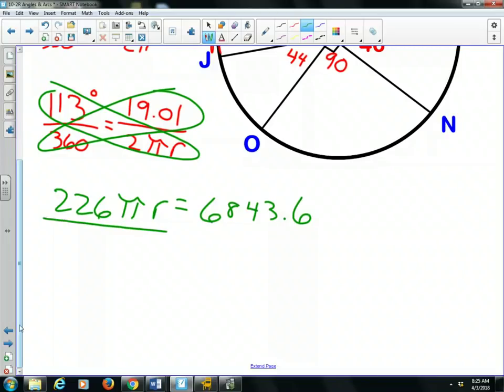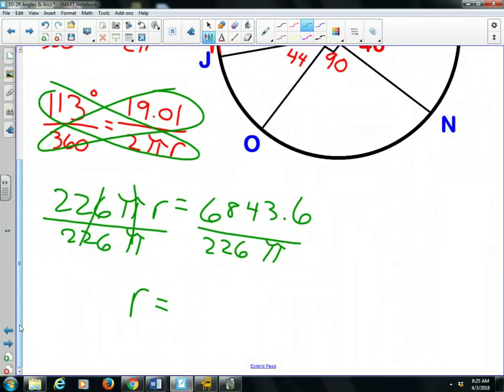So now we simply divide by 226 and divide by pi, and then we get r all by itself, or the radius. So divide by 226 and divided by pi. When we do that, the radius of the circle is 9.64 centimeters.